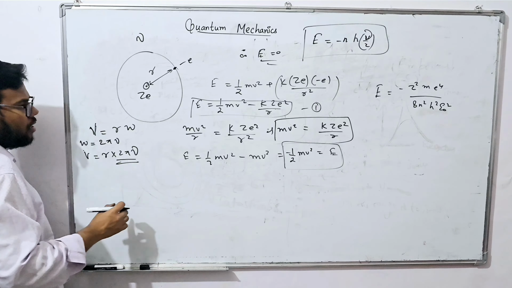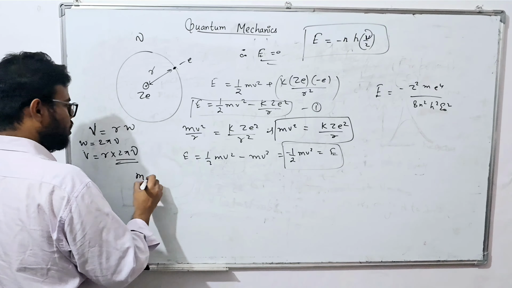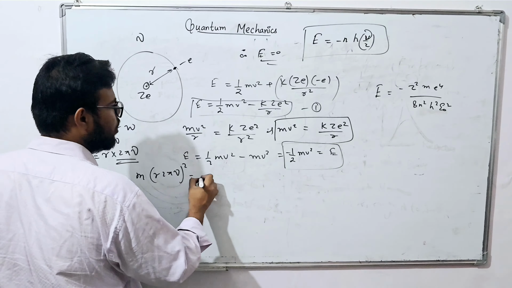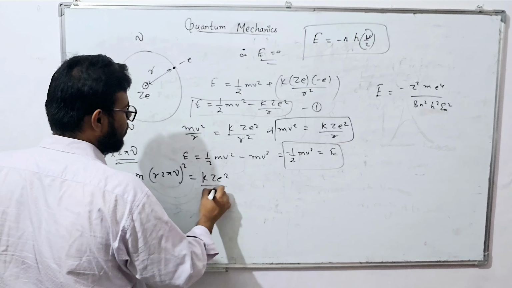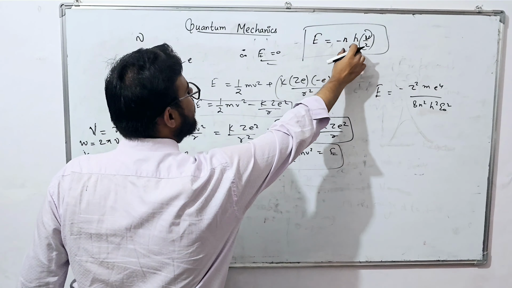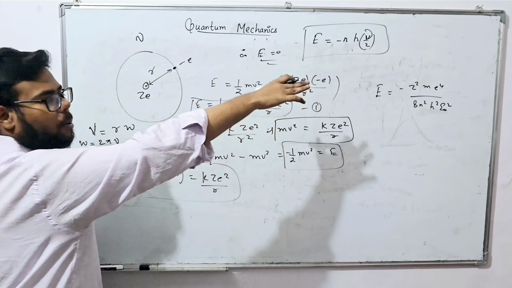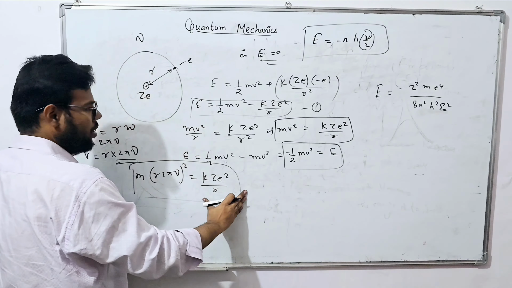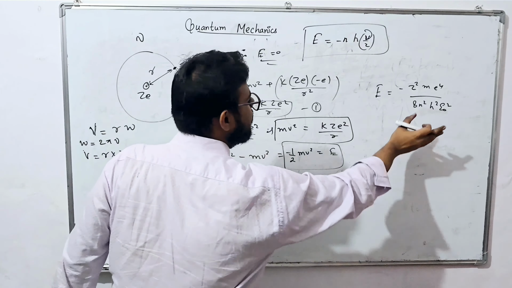You substitute it over here, you get m into (r 2 pi nu) whole square is equal to k z square by r, and you have this relation that energy is proportional to nu. Solving all these three equations, you will end up getting this.